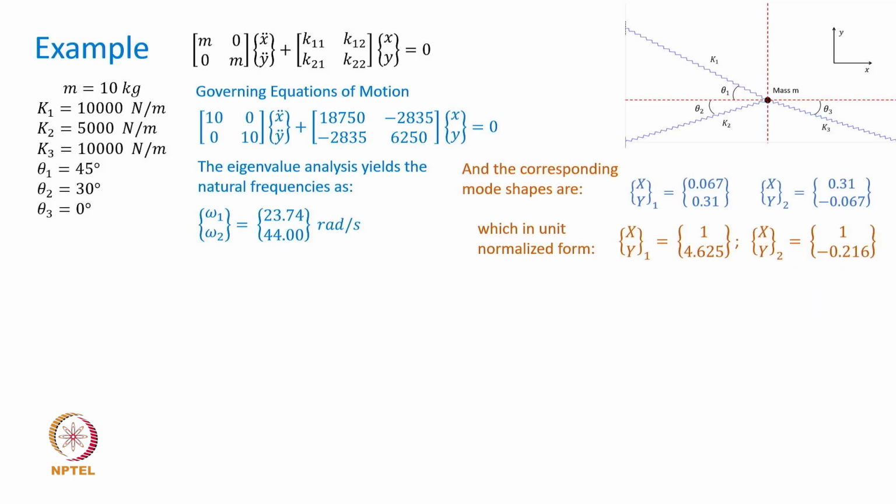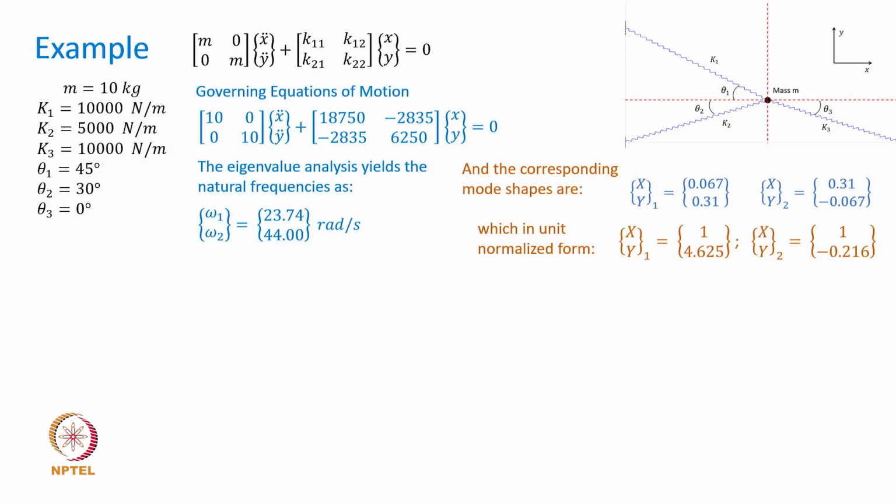Now this is the unit normalized form for the spring mass system as configured in this case with numeric values, which are obtained like this. Now what is going to be the general response of this mass when it is perturbed from its equilibrium position?